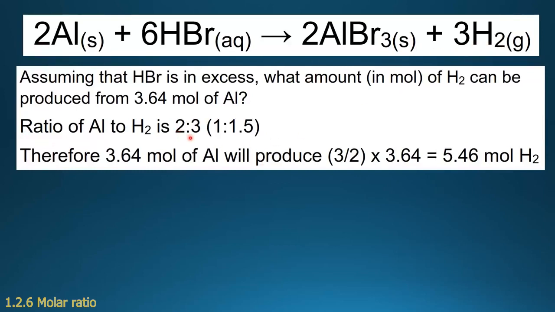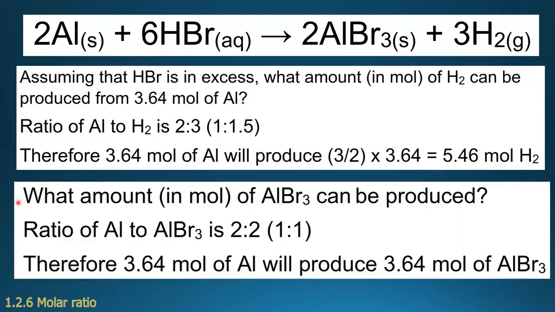Now if it makes it easier, you can simplify this ratio to 1 to 1.5. So therefore 3.64 moles of aluminium will produce, now because it's a 2-to-3 or a 1 to 1.5, you can just multiply this number of moles by 1.5. So therefore it's 3/2 or 1.5 times 3.64 equals 5.46 moles of hydrogen gas.